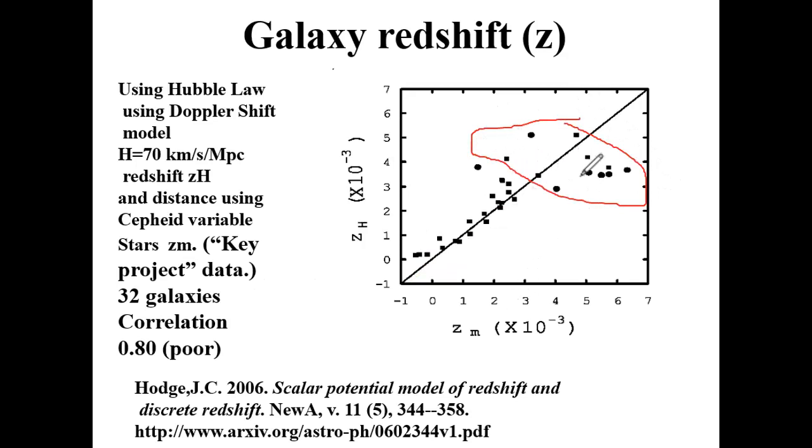This data comes from other clusters, Virgo and Hercules predominantly. Overall, the correlation coefficient is 0.8, which is poor. But this Hubble constant is key in modern cosmology. It's based on a very poor relation overall. Now I'm using correlation coefficient.